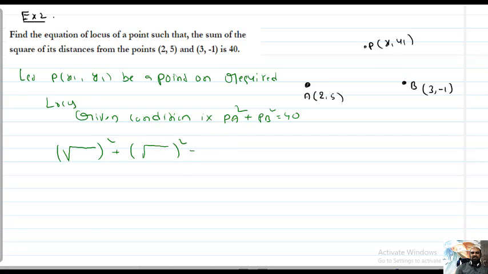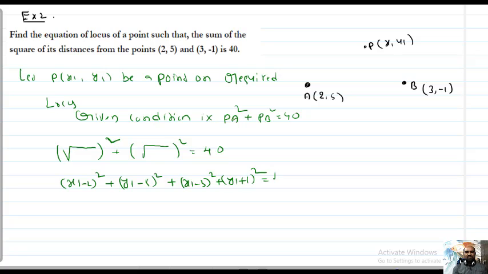What should we write here now? (x1 minus 2) whole square plus (y1 minus 5) whole square. Actually square means the square root will automatically be eliminated. Plus (x1 minus 3) whole square plus (y1 plus 1) whole square equal to 40.